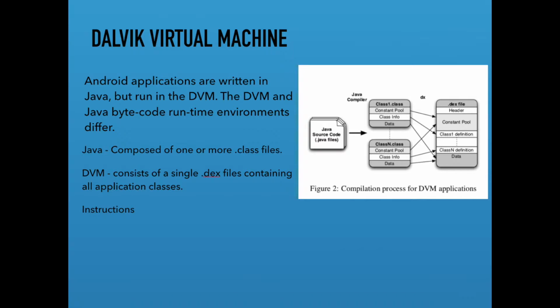After the Java compiler creates JVM bytecode, the Dalvik DX compiler consumes the class files, recompiles them to the Dalvik bytecode, and writes the resulting application in a single DEX file. The image to the right provides a conceptual view of the compilation process for the DVM applications.